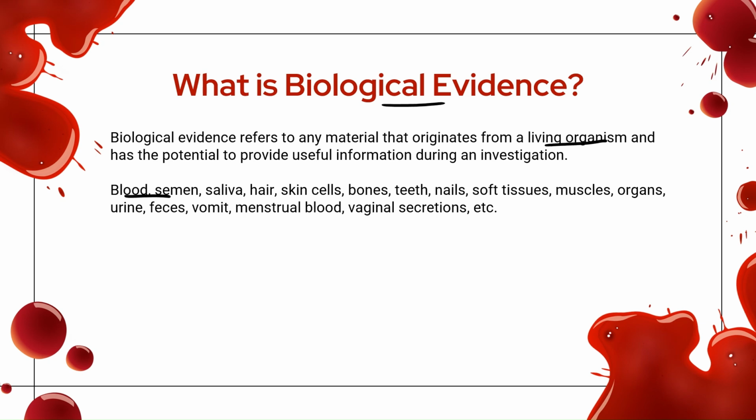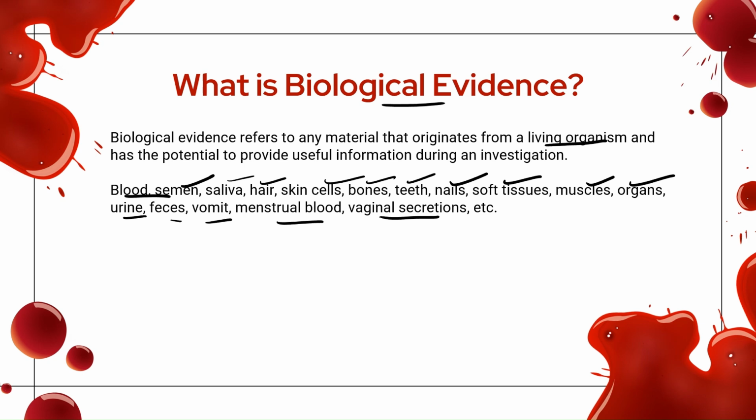However, forensic biology extends far beyond blood. It also includes semen, saliva, hair, skin cells, bones, teeth, nails, soft tissues, muscles, organs, urine, feces, vomit, menstrual blood, vaginal secretions, and many other biological materials.